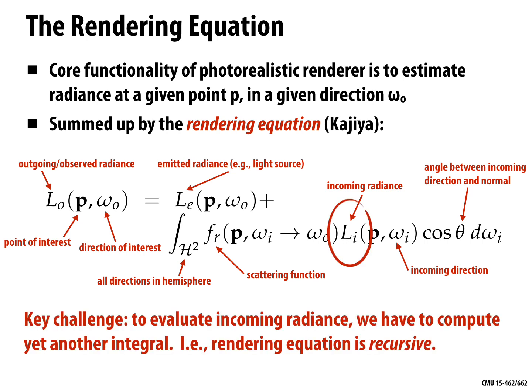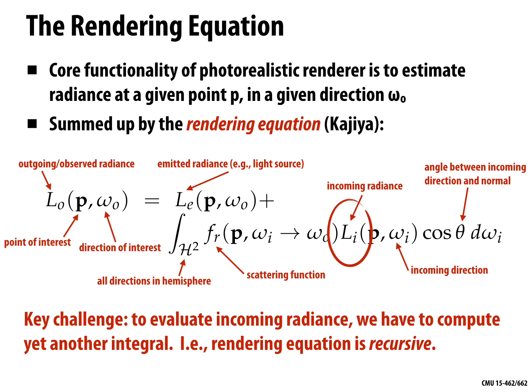The key challenge with the equation, the thing that's so hard about solving or evaluating this expression, is that it's recursive. So what you notice is we want on the left side to evaluate the outgoing radiance, and in order to do that, we need to be able to evaluate on the right-hand side the incoming radiance. Well, what is the equation that governs the incoming radiance?